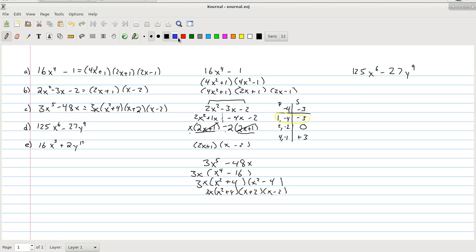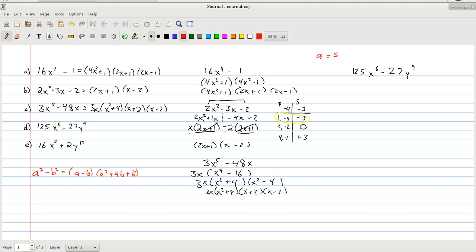To remind you what this is, if you have a cubed minus b cubed, we can factor this as a minus b times a squared plus ab plus b squared. Now, all that's left is to identify what is a and what is b, so we can factor it using that formula. A is the quantity that when you cube it gives you 125 x to the 6th.